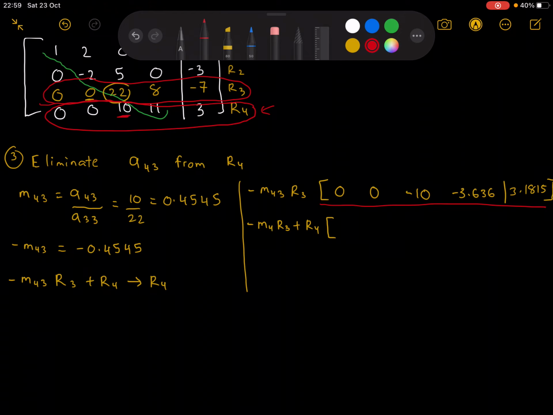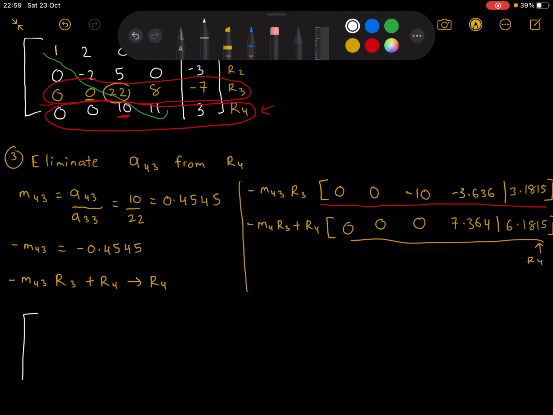So 0 plus 0 becomes 0, 0 plus 0 becomes 0, negative 10 plus 10 becomes 0, negative 3.636 plus 11 gets 7.364, and then 3.1815 plus 3 we'll get 6.1815. This is what we're going to transfer to row number 4.